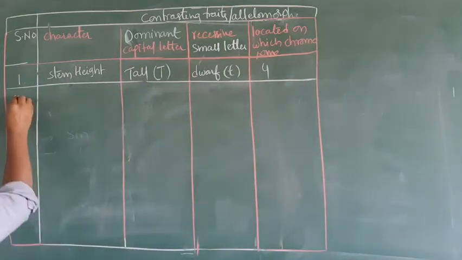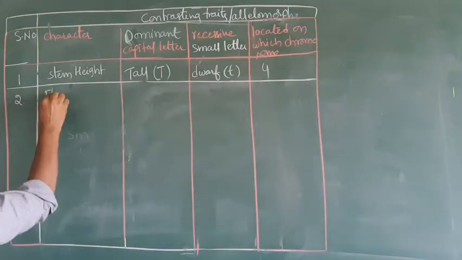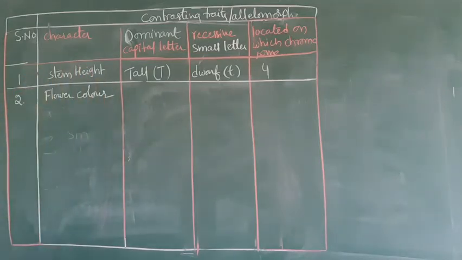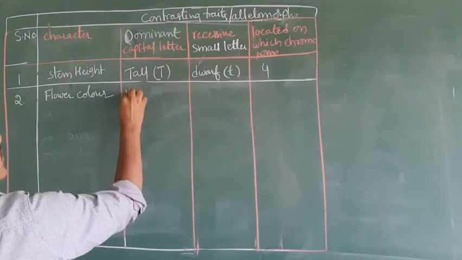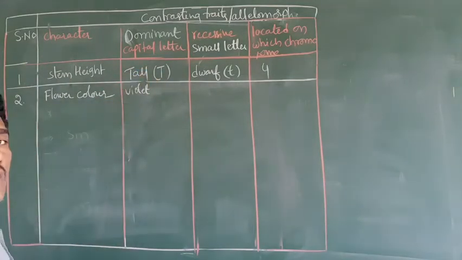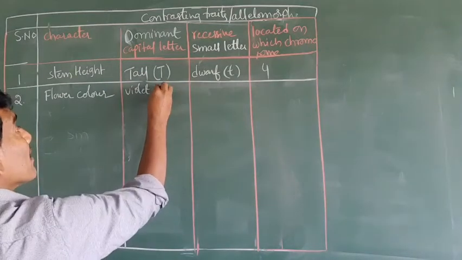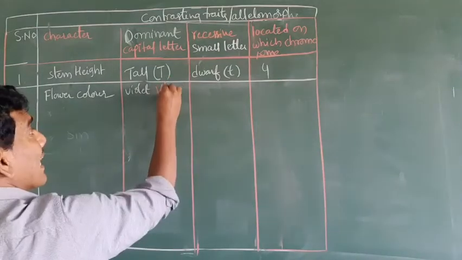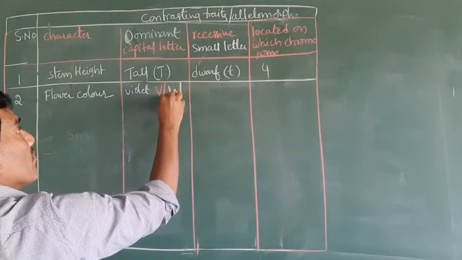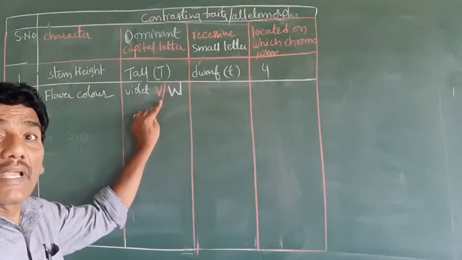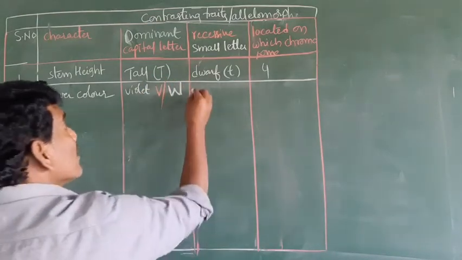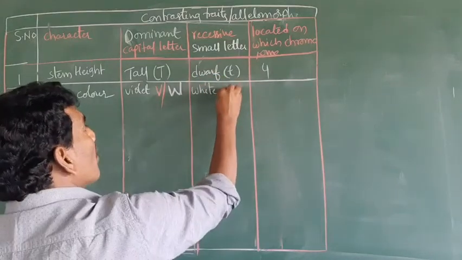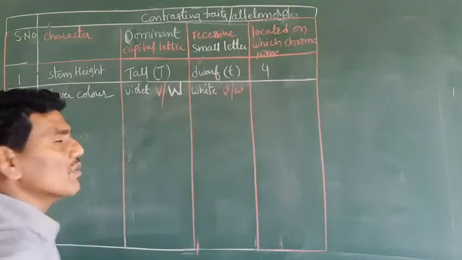Next, the second one is flower color. Violet color flower is represented by capital V, or capital W. White is represented by small v, or small w.